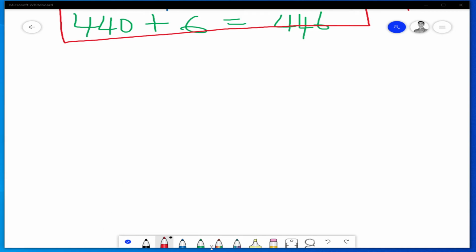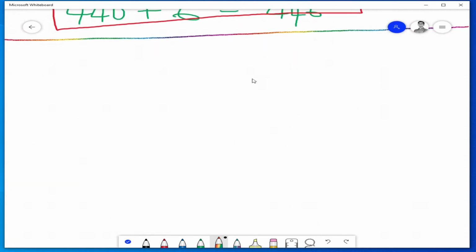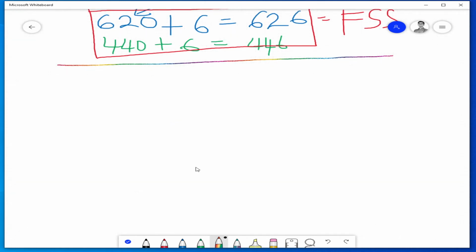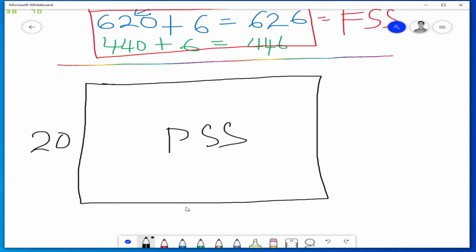So what I need to do now is to draw this. So I use black color, so here I use also black color. Okay, this is our PSS, 20 by 29.